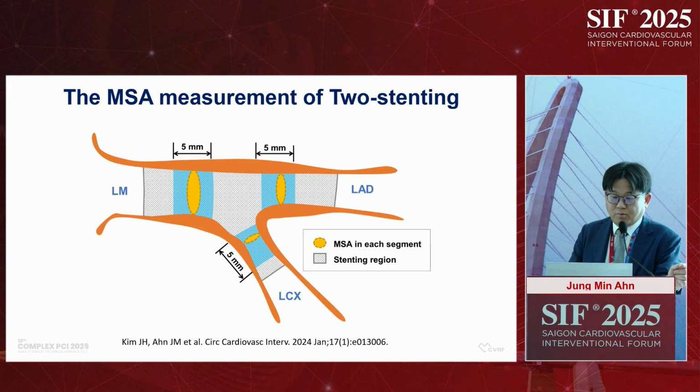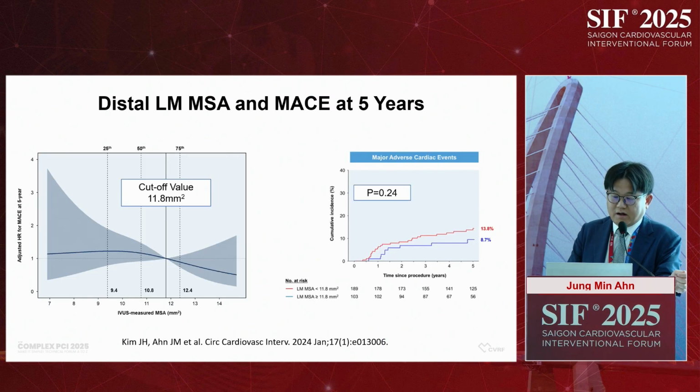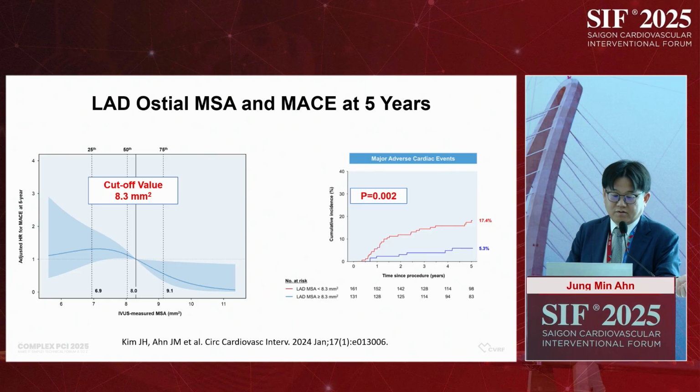We measured 3 points: the distal left main, LAD ostium, and circumflex ostium, and evaluated the relationship between minimal stent area and clinical outcomes. Clinical outcome was major adverse clinical events, such as MI and repeat intervention. Distal left main was not associated with the clinical outcomes, but the LAD ostium cutoff value of 8.3 was very significantly associated with clinical outcomes after the two-stent crush technique.